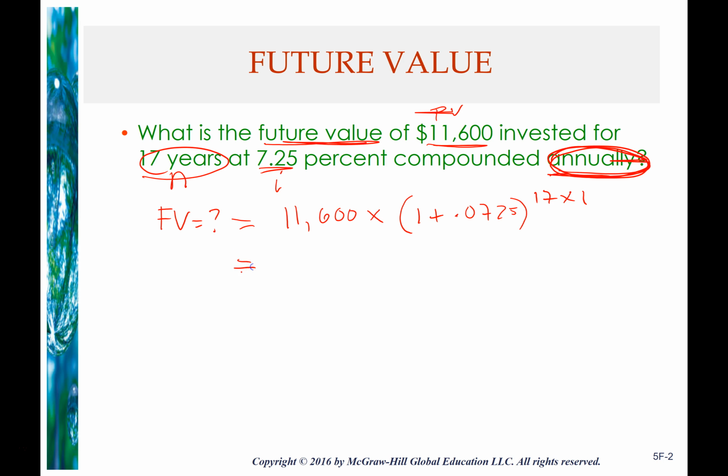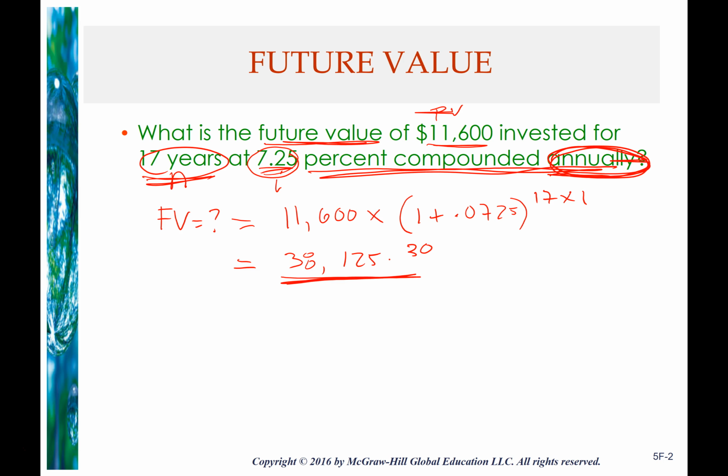If you compute that, you will get $38,125.30. So if you invest $11,600 today in an account that pays you 7.25% annually for 17 years, at the end of 17 years you'll receive $38,125.30. As easy as that.